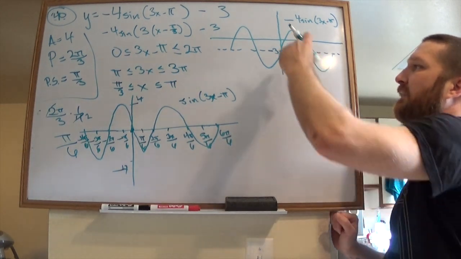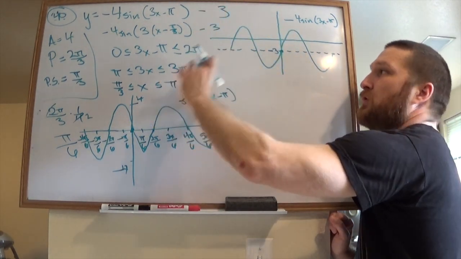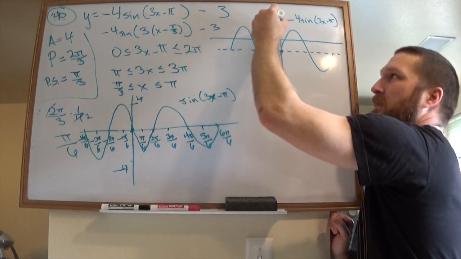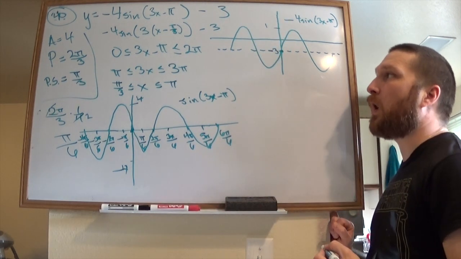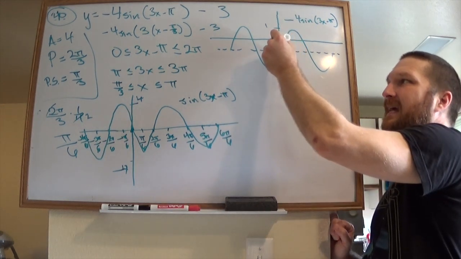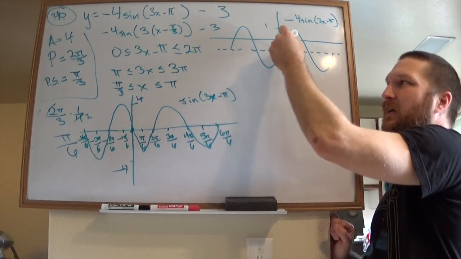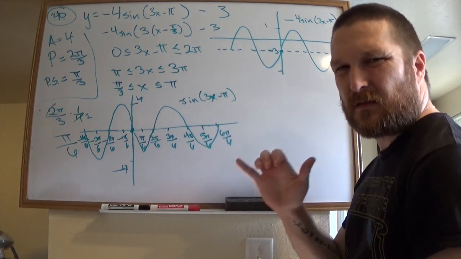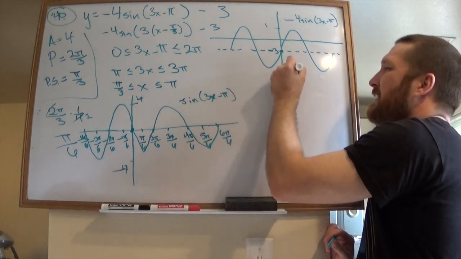So anyway, if that's -3, and we know that the amplitude is 4, then if I go from -3 up 4 units, I'll be up here at +1. If I'm at -3 and I go down 4 units, 3, 4, 5, 6, 7, yes, I'll be at -7.